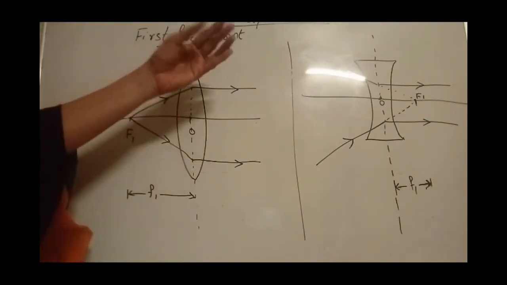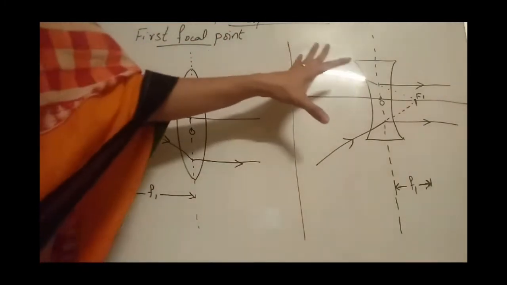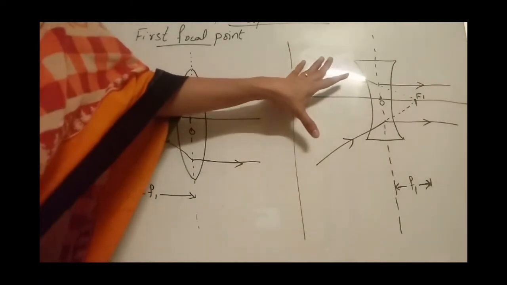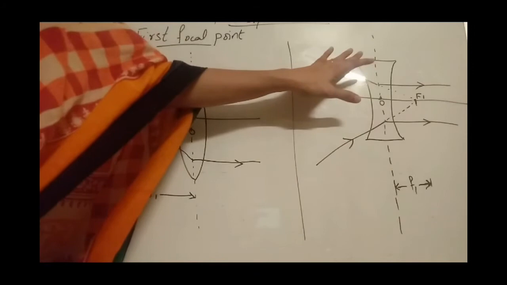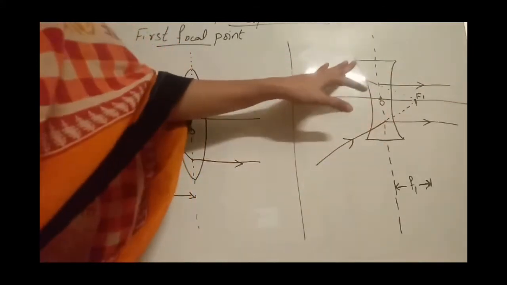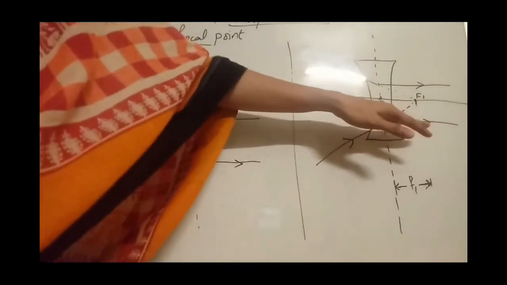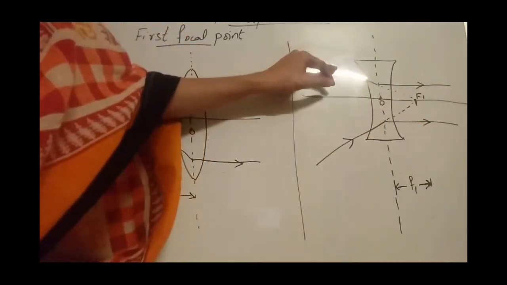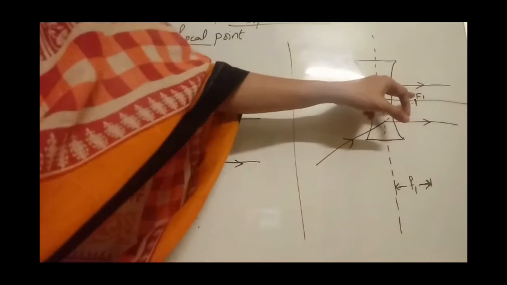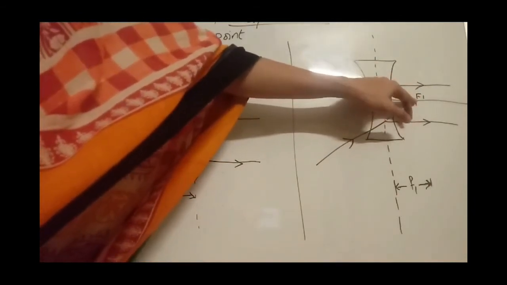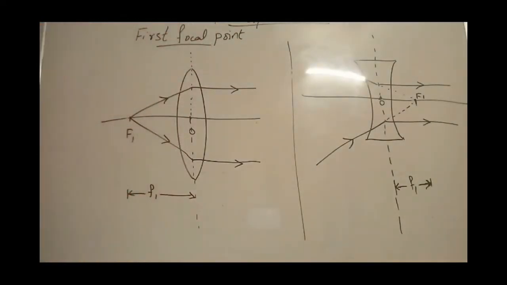It seems a little confusing, but the fact is: if the ray striking the concave lens is going toward that point, the point where it appears to meet is known as the first focal point.